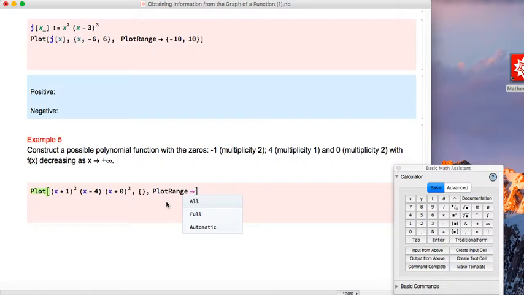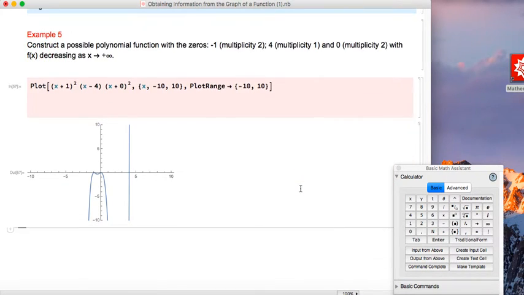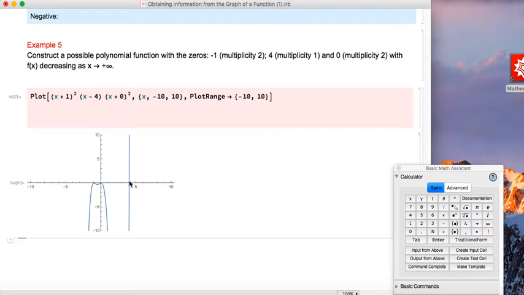After we have this, we may want to set the plot domain and plot range for how we graph. Let's set x from -10 to 10 and the range from -10 to 10. We want to see how the graph looks. Okay, this is our graph, but we couldn't see the bottom. Let's change this to something larger. I don't know if -30 works, but let's change it to 30.